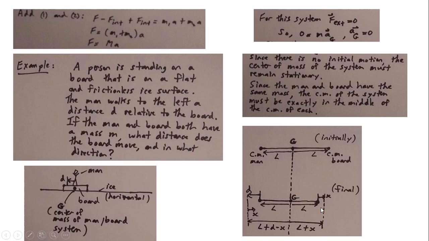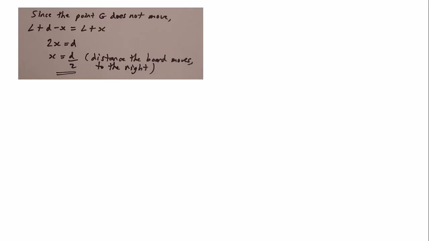So we write that L + d - x is equal to L + x. L cancels out, so we're left with 2x equal to d, which means that x is equal to d over 2. This is the distance that the board moves to the right. If the board moved to the left, for whatever reason, this would just be a negative value. We assumed the right direction by saying that x is to the right.